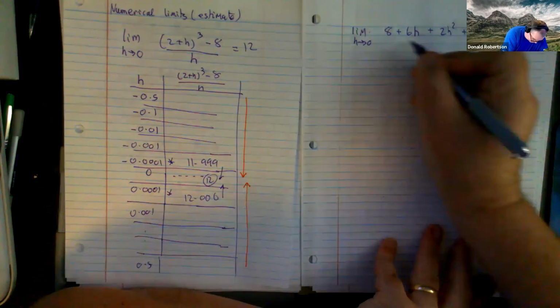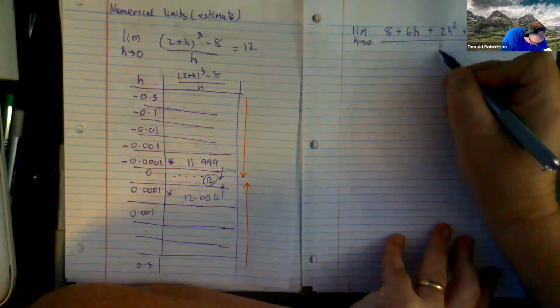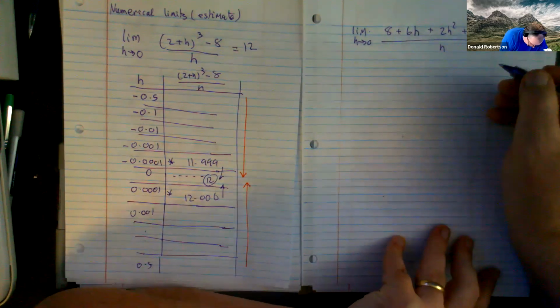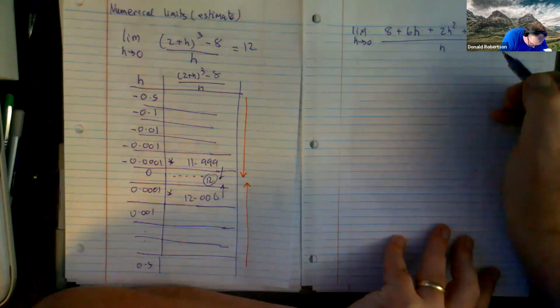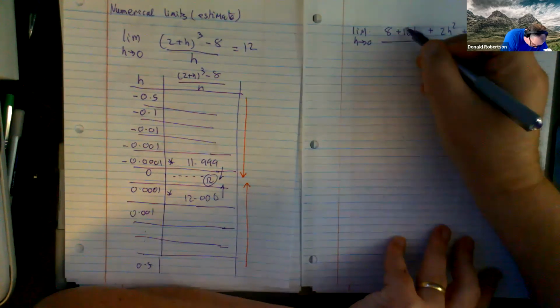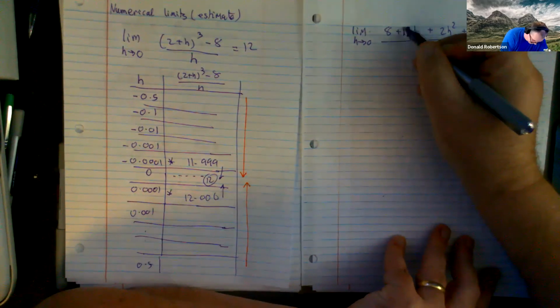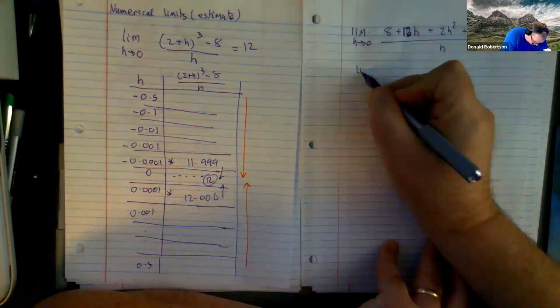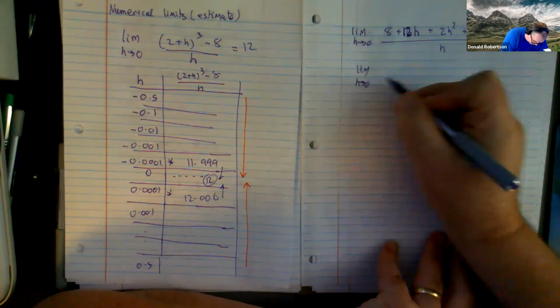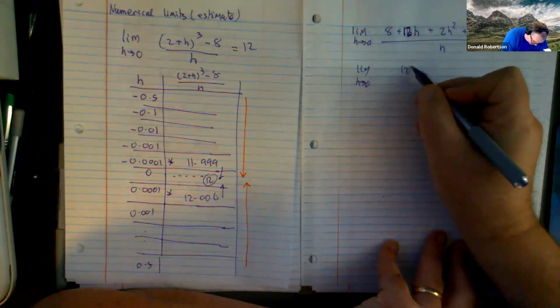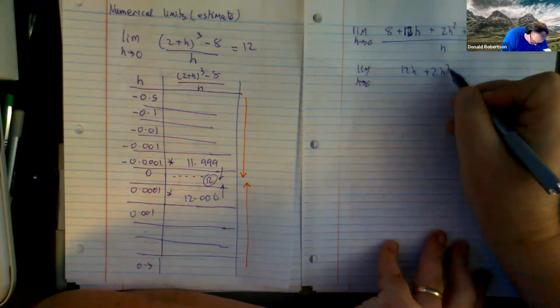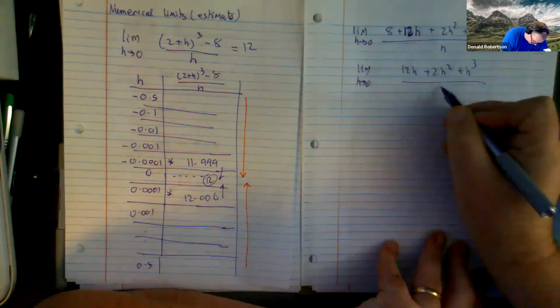Take away 8, all over h. One of these numbers is wrong. Which one is it? Oh, it's this one. This one is 12. I made a mistake. Right, and so you will get the limit as h tends to 0 of 12h plus 6h squared plus h cubed over h.